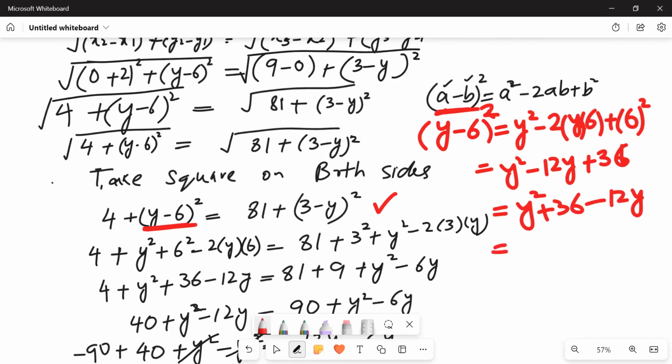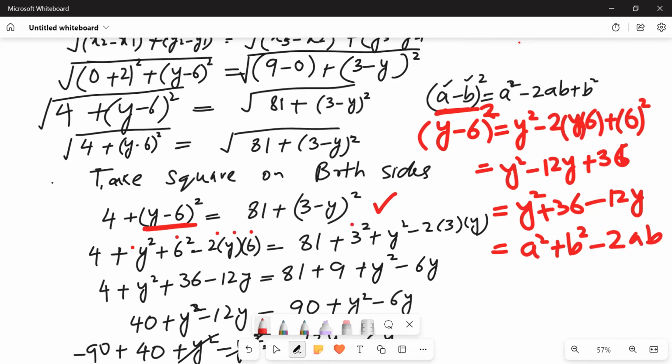Means we can write it as A square plus B square minus 2AB. So I found these values. This is A square, this one is B square, this one is 2 A and B. I just put the values of A and B, like consider A is y, B is 6. Got it, Ramisa? And the same I did here.